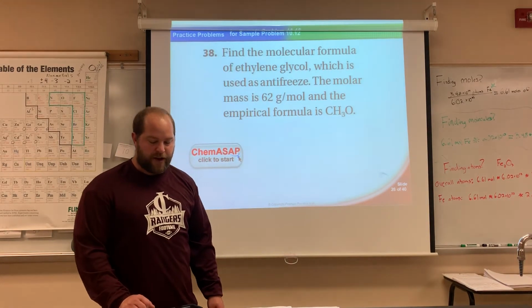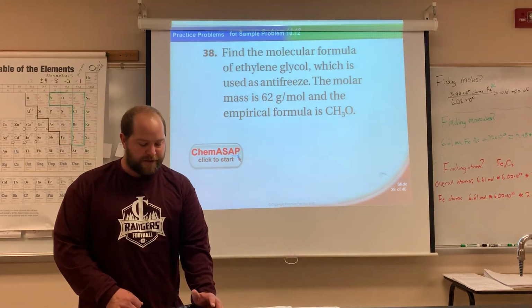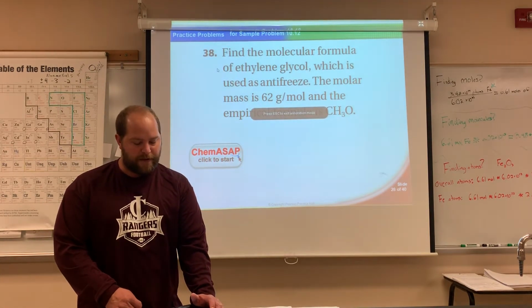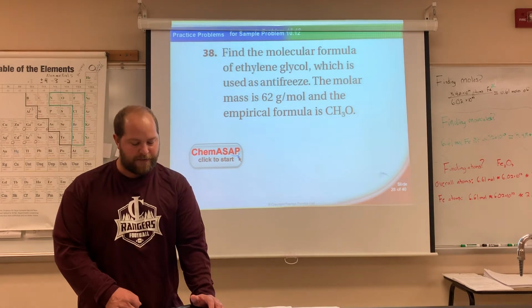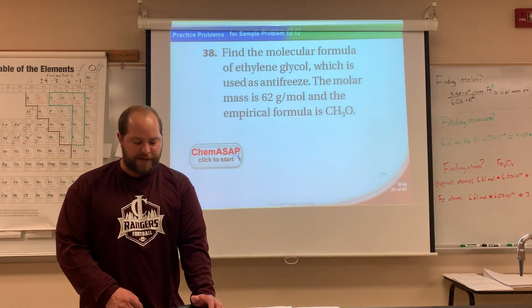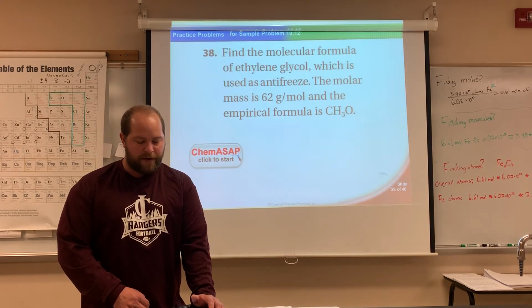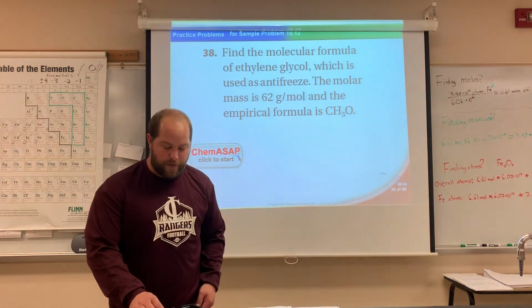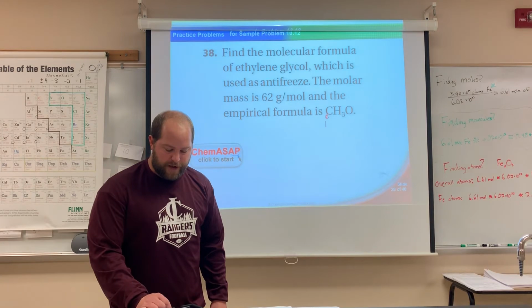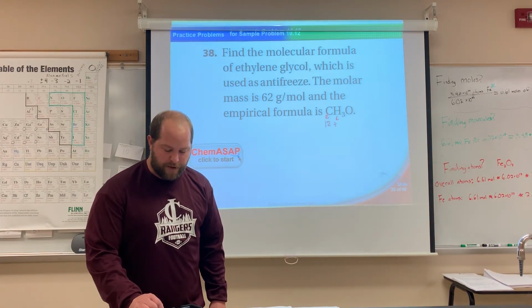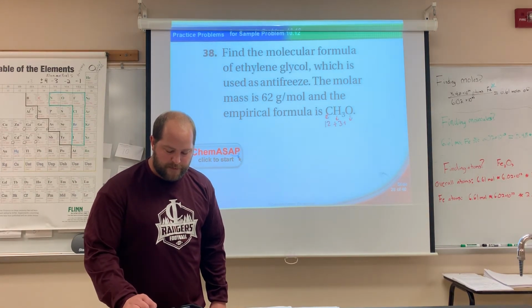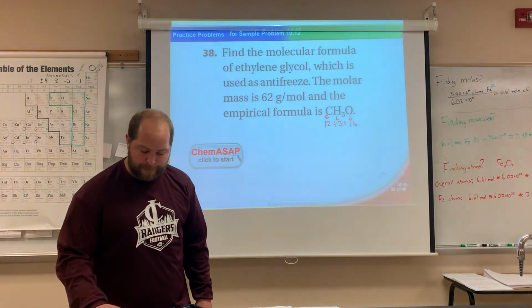All right, let's try another one. It says, find the molecular formula of ethylene glycol, which is used as antifreeze. The molar mass is 62 grams per mole, and the empirical formula is CH3O. So step 1, figure out the molar mass of the empirical formula. That's what I'm doing right here.